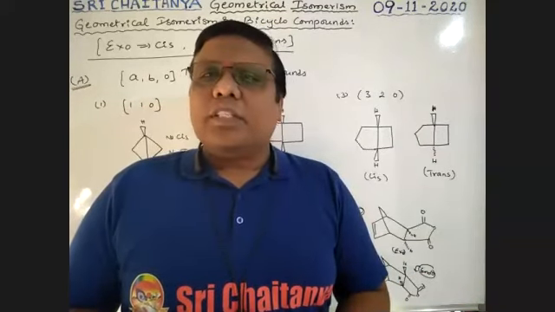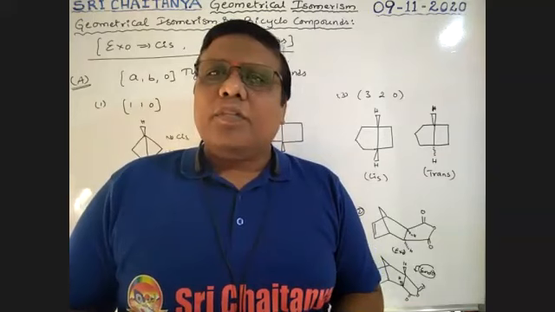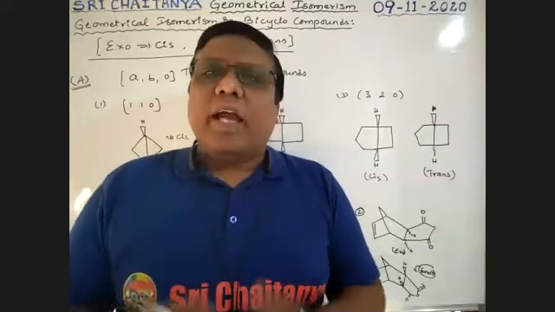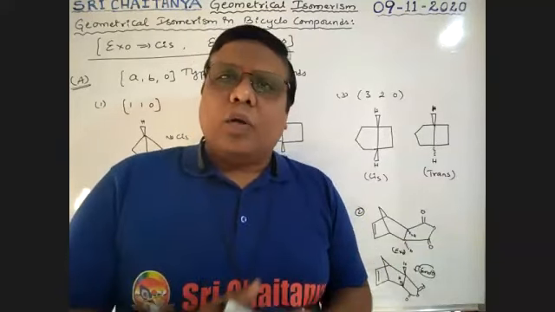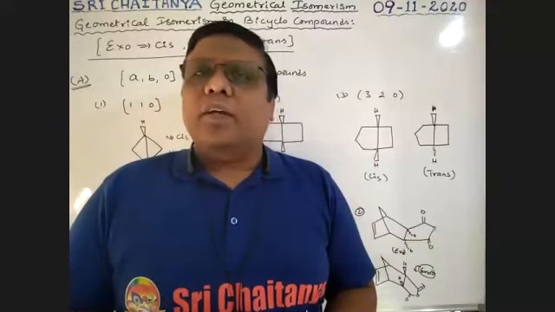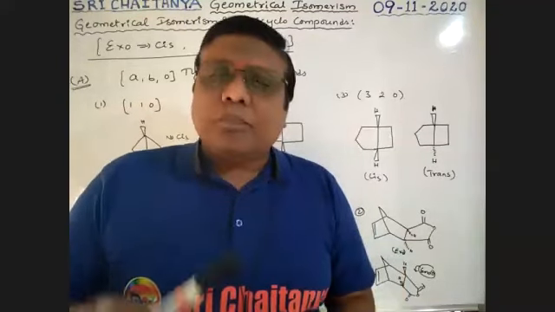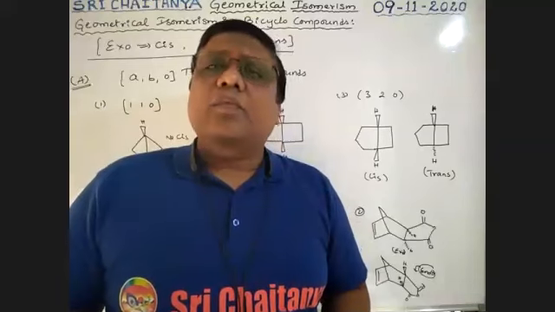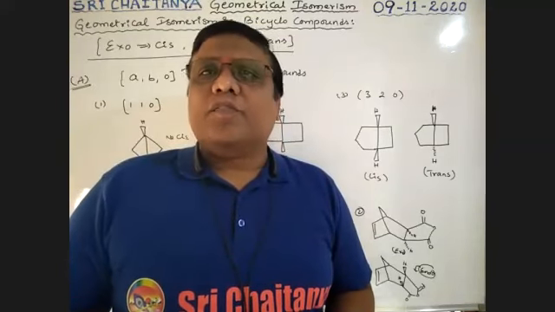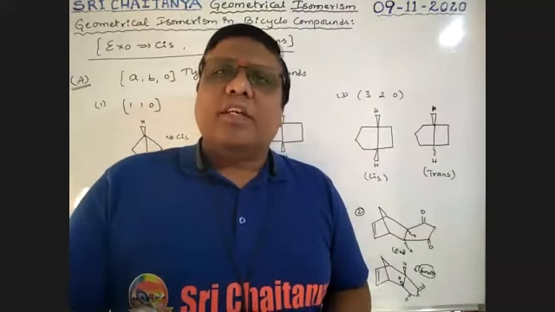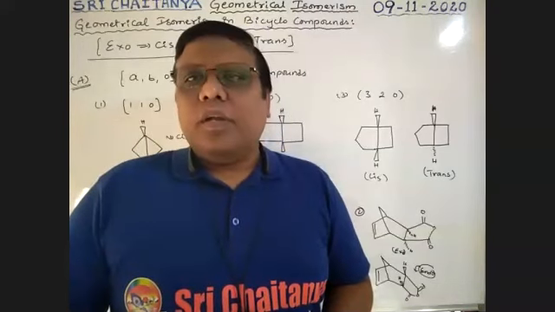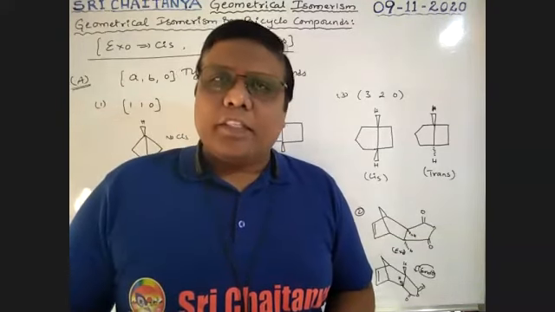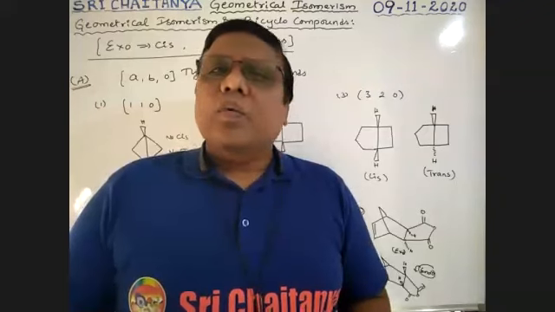So in bicyclo compounds, cis and trans, we call exo compound and endo compound. Exo means cis, endo means trans. Let us discuss one by one, boys.